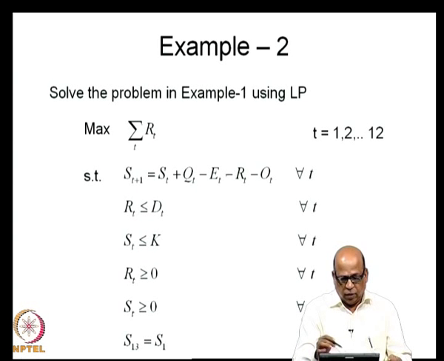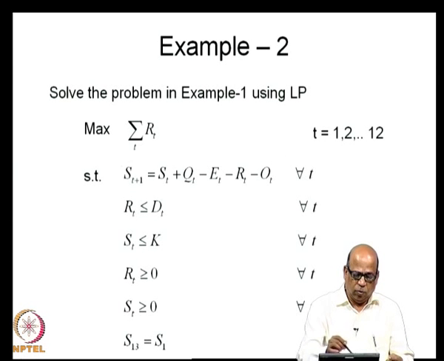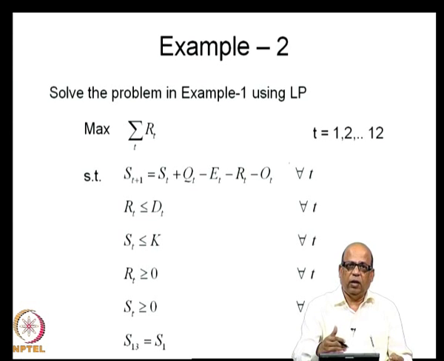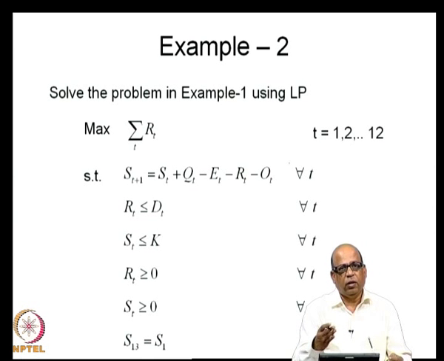There are two things that you must note. One is that the evaporation is the average evaporation, we are not making it storage dependent losses, you can also make it. The overflows, we are just including as a continuity equation. If for a specific problem you come across difficulties handling the overflows in the continuity equation, you can use the integer variables, which I am not doing for this simple problem.